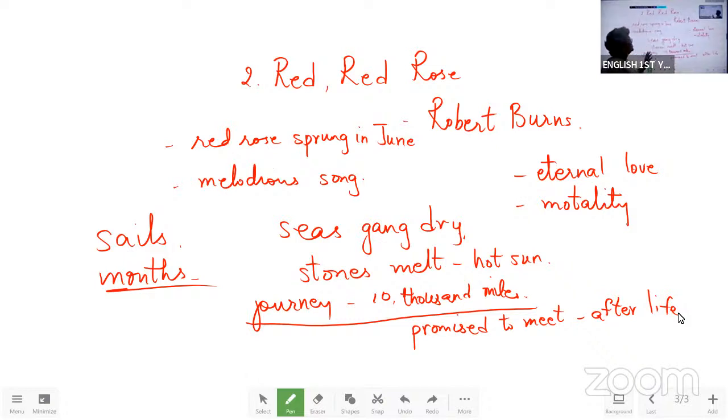So the whole poem, The Red, Red Rose, written by Robert Burns, talks about his beloved, whom he compares not only to a red rose newly sprung in June, but also to a melodious song. And he talks about his eternal love, where he says, my love will go on till the seas gang dry, till the sea goes dry, or the stones are melted in the hot sun.